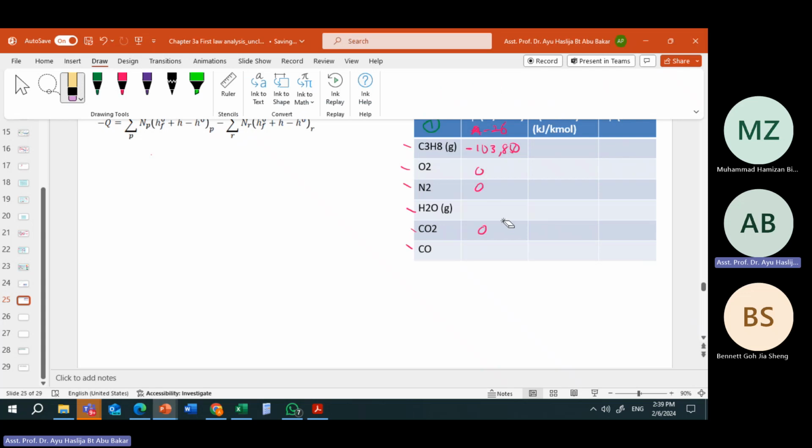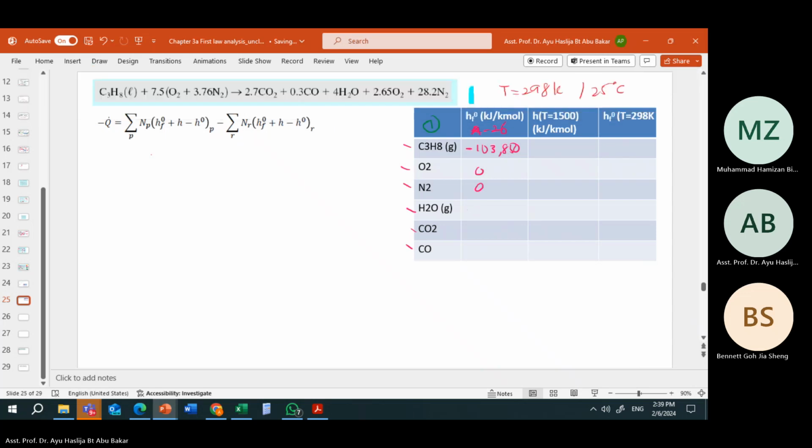CO2. 241,820. 393,520. 0. Okay, for HF, clear.